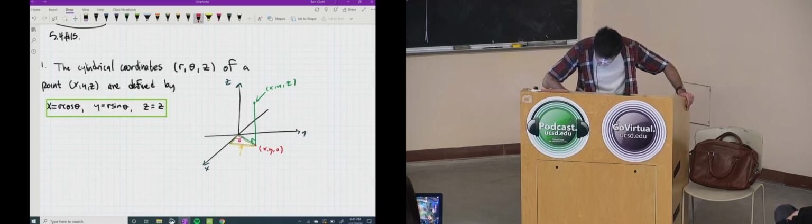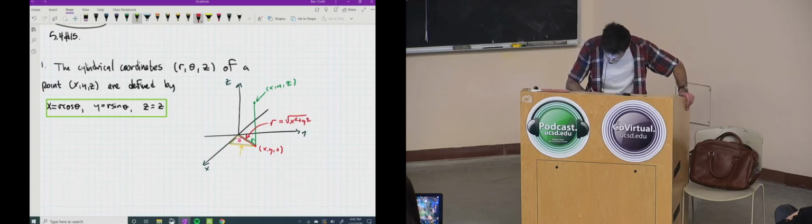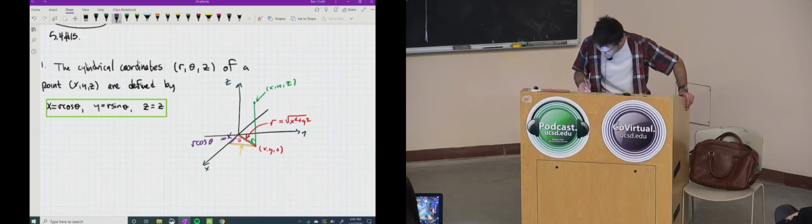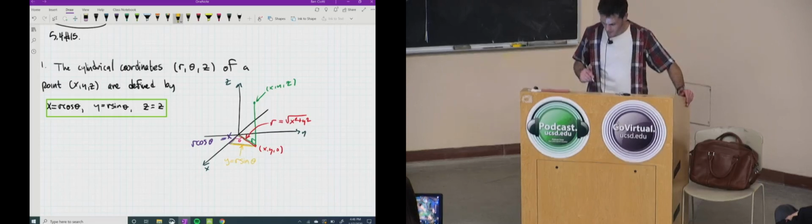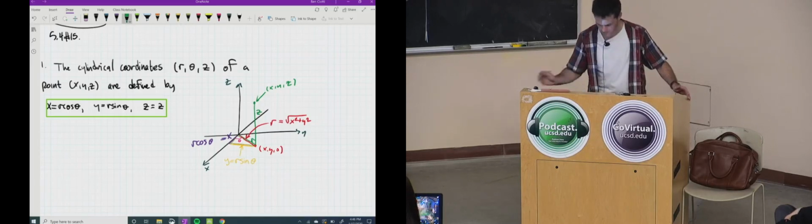The radius, this side, is the square root of x squared plus y squared. This component, which is the x component, is r cosine of that angle. And the y component is r times the sine of that angle. And the z component just stays what it was, right? So z is just z.